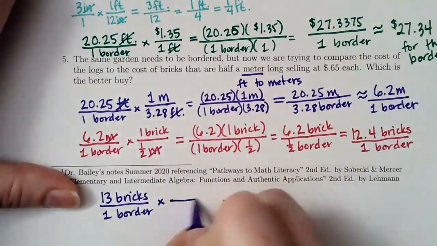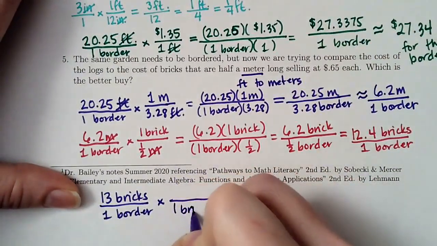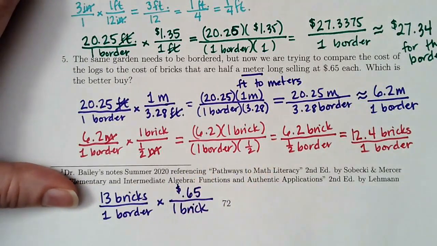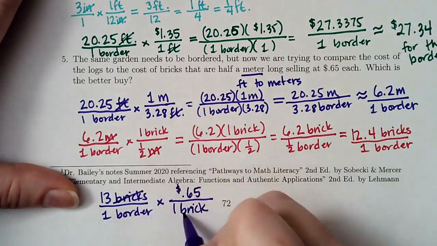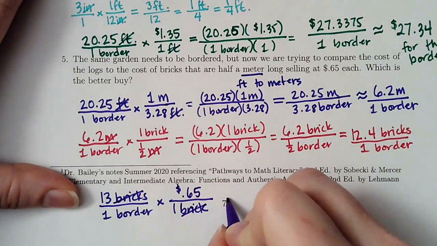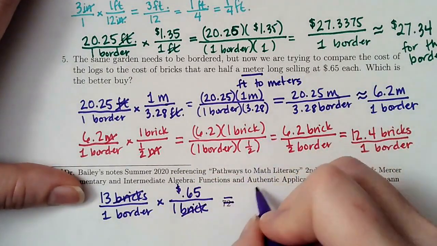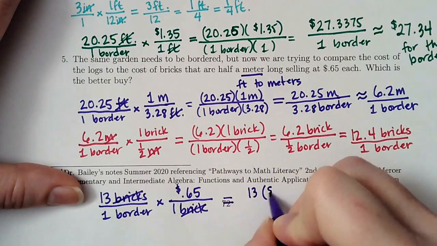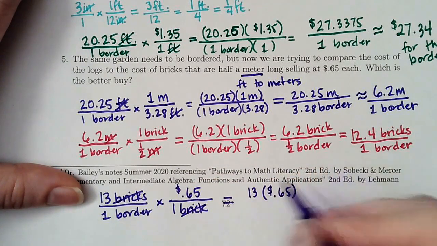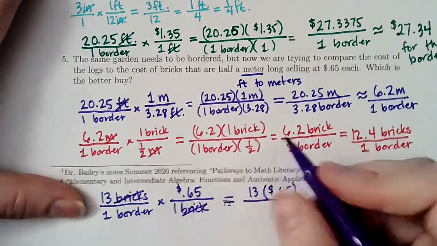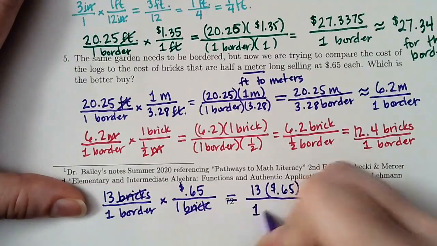Okay, so I need 1 brick. So I put that in the denominator, and that is 65 cents for each one. And now bricks cancel, and I have 13 times 65 cents for 1 border times 1, which is just 1 border.